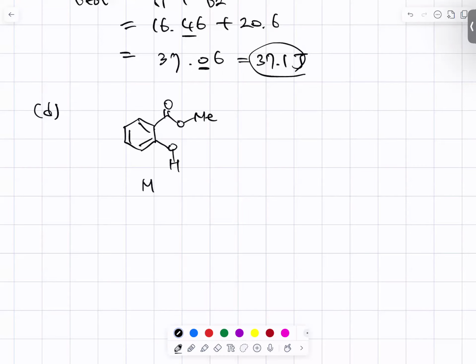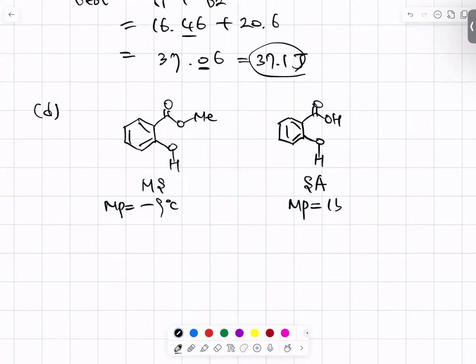This is methyl salicylate, and the salicylic acid structure has a benzene ring, which is common, and here it is a carboxylic acid. It also has a hydroxyl group. So this is salicylic acid. The melting point of methyl salicylate is -9 degrees C, but the melting point of salicylic acid is much higher, 159 degrees C. So at room temperature, 25 degrees C, methyl salicylate is a liquid, but salicylic acid is a solid.